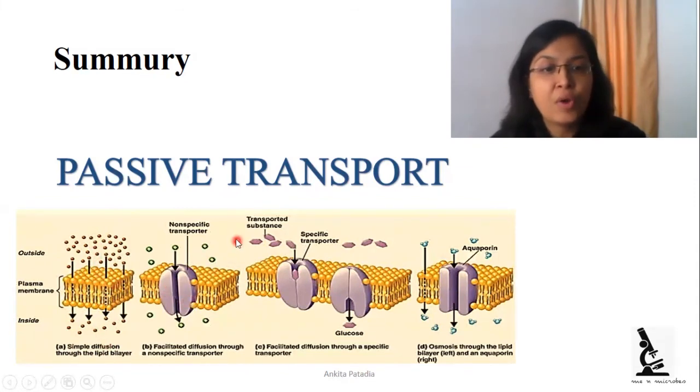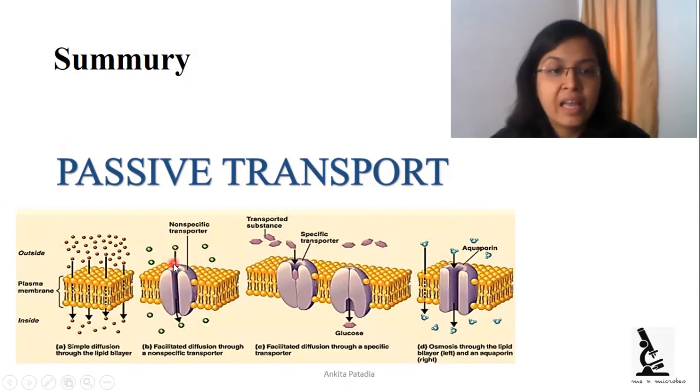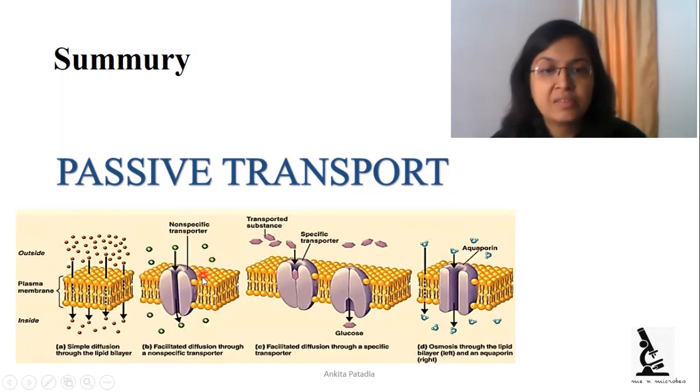Second is showing a non-specific transporter. Here carrier molecules are of two types, as I said, specific as well as non-specific protein carrier molecules. So this figure is showing that a non-specific transporter is transporting some molecules inside the cell from the outside along the concentration gradient.